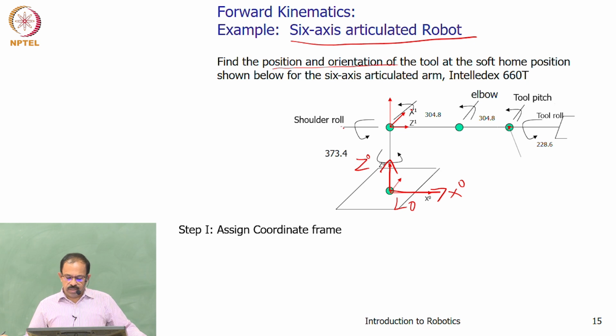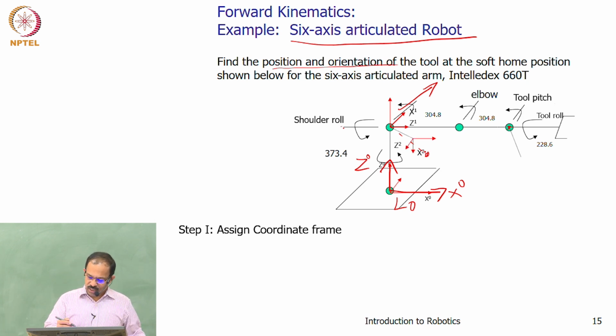And the next joint, where will be the next joint? You have to see first the origin. So the axis will be this one, right? That will be the Z axis and this is the Z axis. So they intersect at the same point and therefore we will be having it at the same origin. Then go with the same rule. So you will be getting it as Z2.